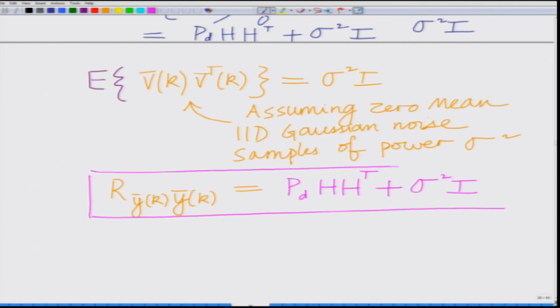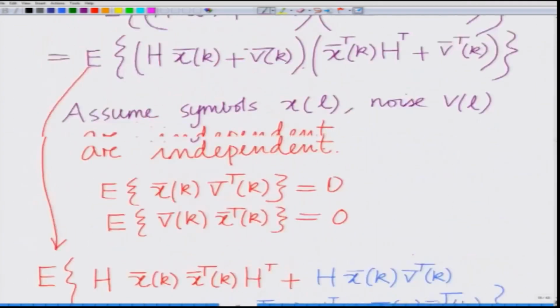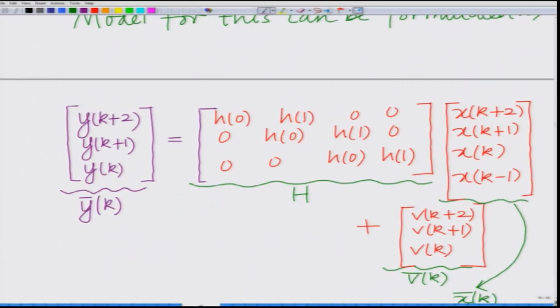We have computed the covariance of the output. Of course, H is the effective matrix for the ISI channel, and this is the structure of H. You can recall that this is H, the effective matrix of the ISI channel.